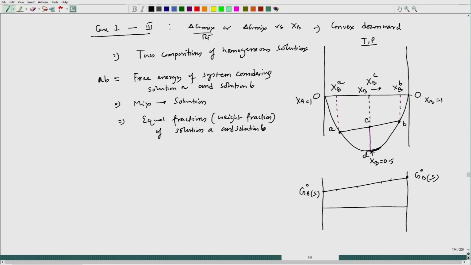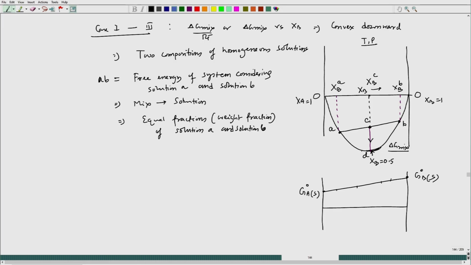Now, when we mix them, we need to see whether there is a drop in free energy, and if there is a drop, then definitely there is spontaneity for the formation of that particular solution. Before mixing it was at C, but after mixing there is a lowering in free energy, and it goes to the minimum point of delta G mix. This is delta G mix.